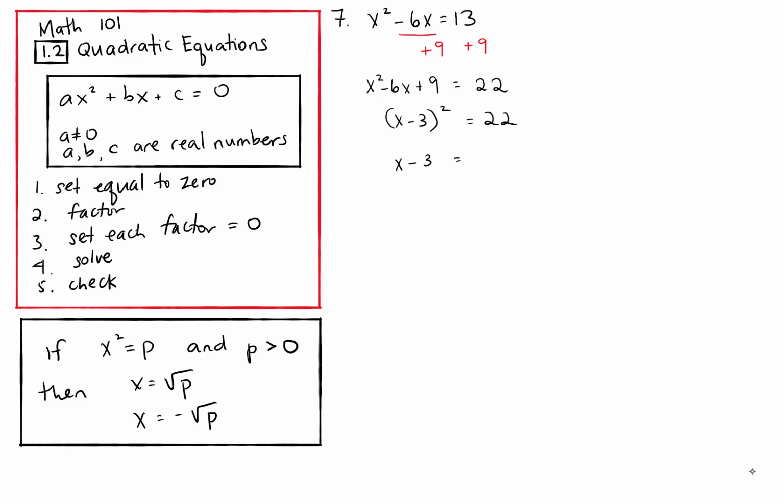And I'm going to say that's equal to the positive and negative square root of the right-hand side. Now, if we know the square root, we should write it, but since 22 is not a perfect square, we just leave it in the radical. We simplify the radical if possible. But this one, it's not possible. So now I have x is equal to 3 plus or minus the square root of 22.